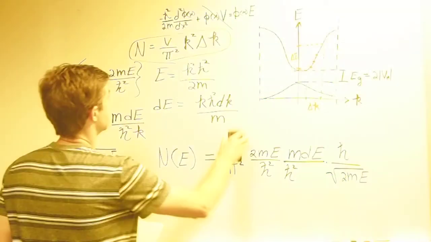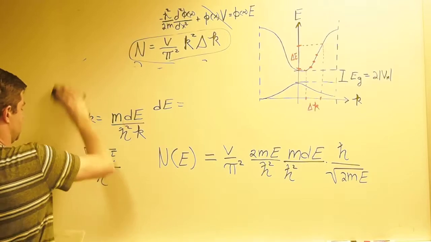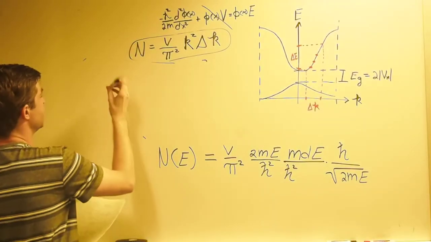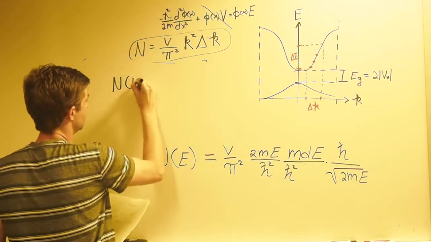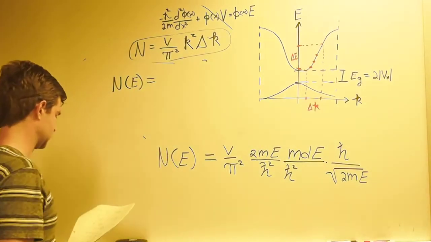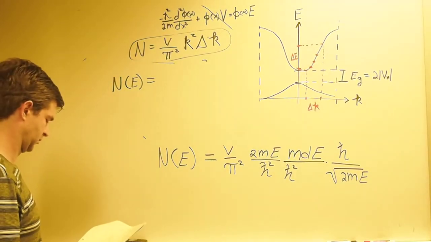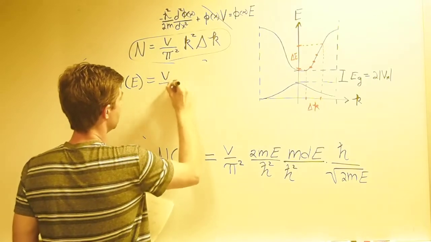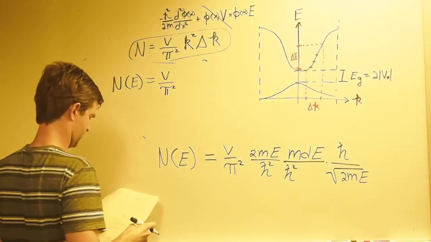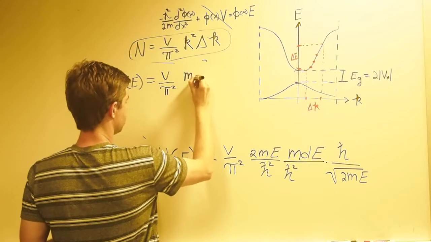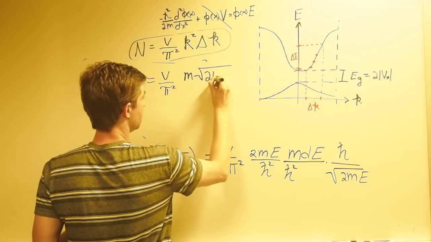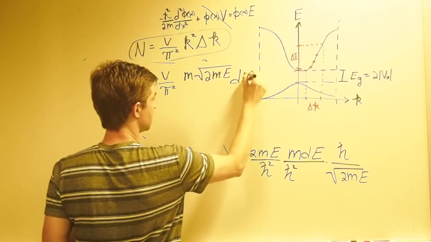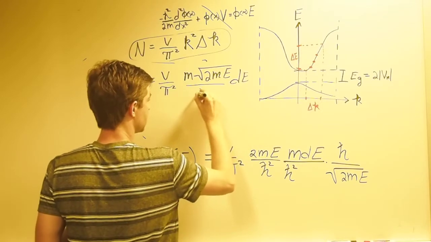Okay, I'm going to erase this stuff. When I simplify this N of E, then what we get is V over pi squared times N, 2m dE over h bar cubed.